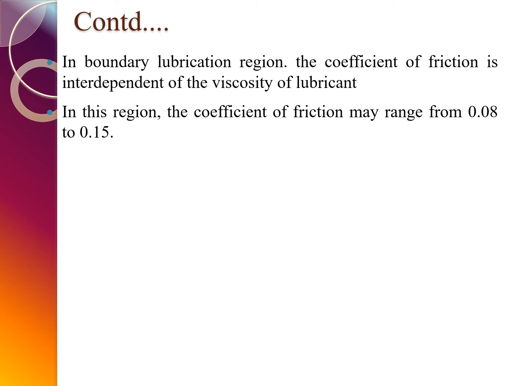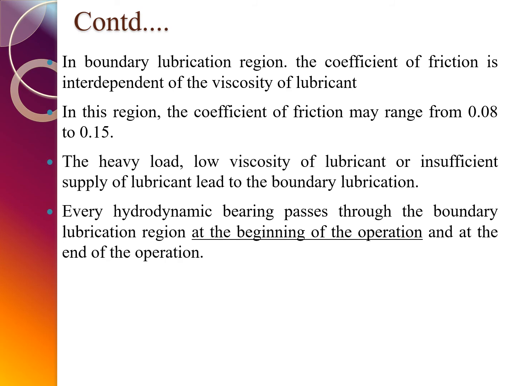In this region, the coefficient of friction may range from 0.08 to 0.15 and it is large as compared to the other two regions. Heavy load, low viscosity of lubricant or insufficient supply of lubricant lead to boundary lubrication, that is the metal to metal contact or thin film lubrication.